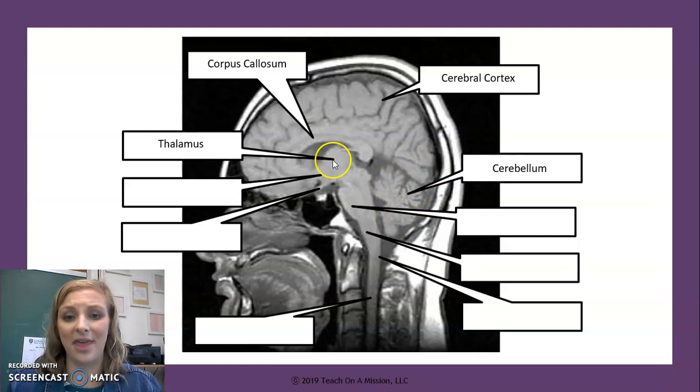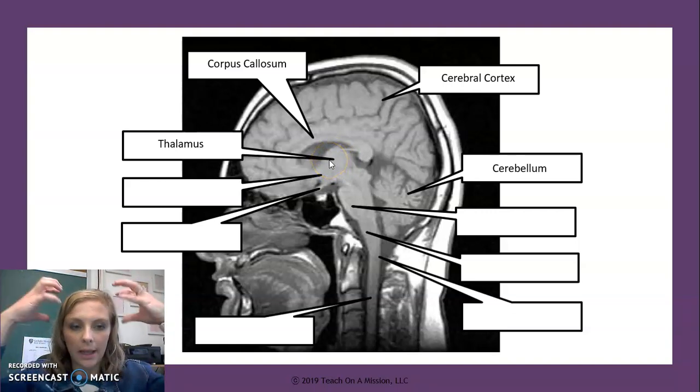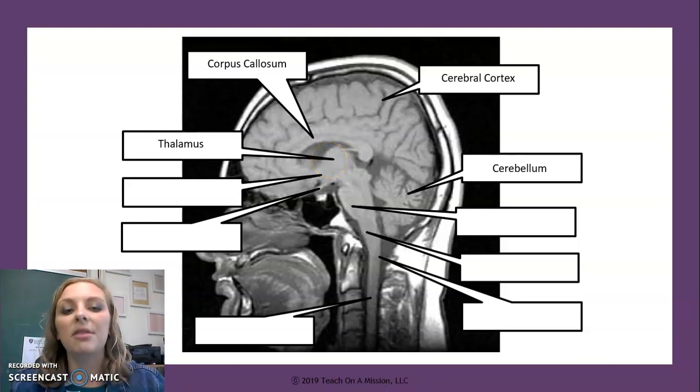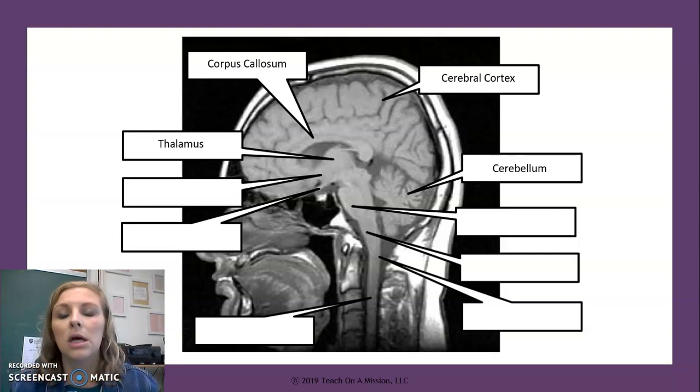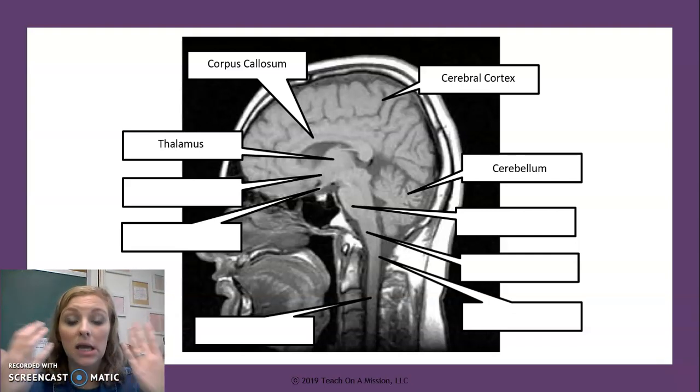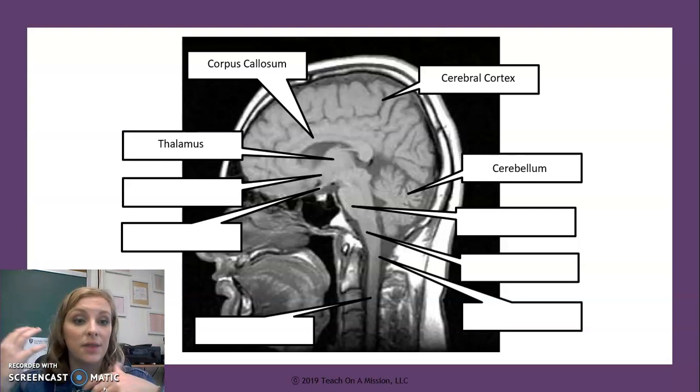The next is the thalamus. Our thalamus is located inside our older brain here, so in the very middle. The thalamus is our sensory control center. So when we use our senses, for example, you are using your eyes to look at this video right now, when that light is hitting our eyes, that image goes through our eyes and directly to the thalamus.